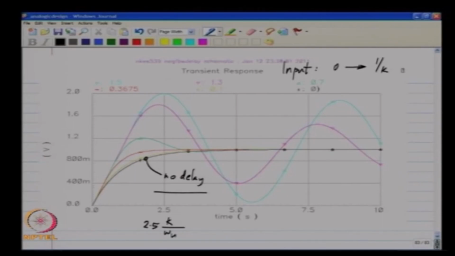So, no delay case of course is the exponential, and I have shown it also for a small value of delay, that is tau equals 0.1, and you see that is quite close to the case with no delay. This is what we knew all along, and then this is the one for which tau is 1 by e. This we said is the fastest response we could get without overshooting, and any tau that is larger than this results in an overshoot, as exemplified by the green curve.